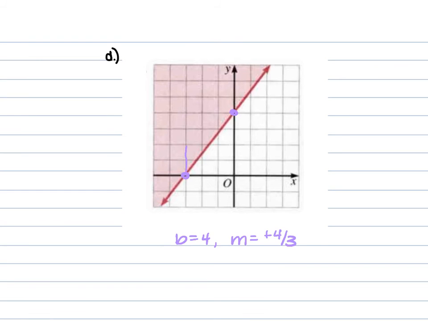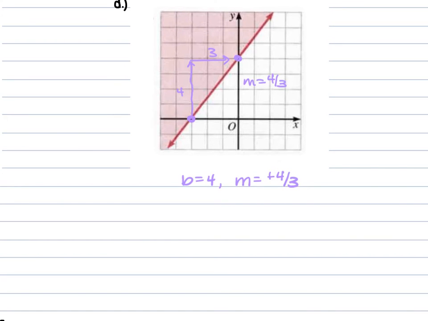We're going up 4 to the right 3, so that slope is 4 over 3. And then our y-intercept is that 4. So y is shaded above. So y is greater than or equal to, use your slope, 4 over 3 x plus 4.